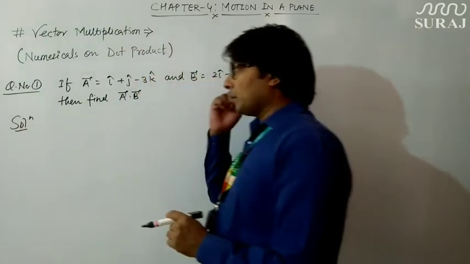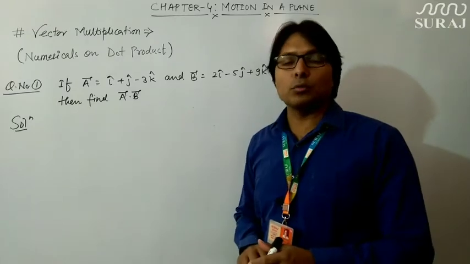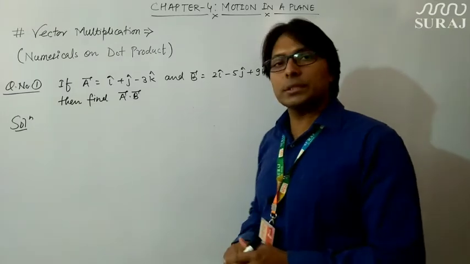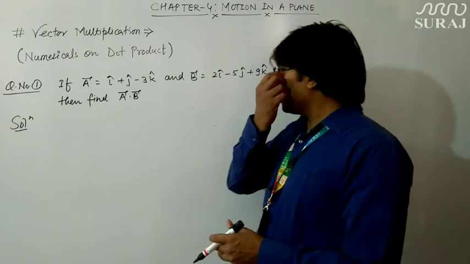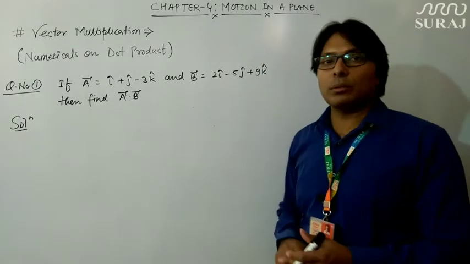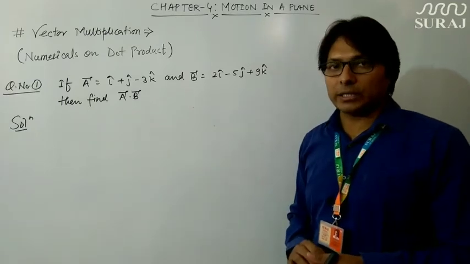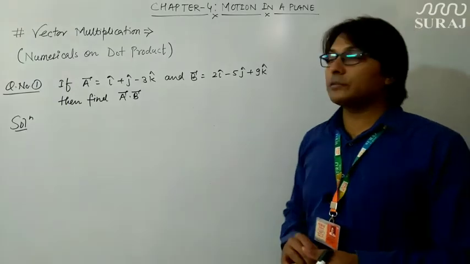What was the formula of a vector dot b vector? You will say it was mod of a vector into mod of b vector into cos theta. Although we will not apply that formula here. Why? Because we have not been given the angle between these two vectors. So what method are we going to use?